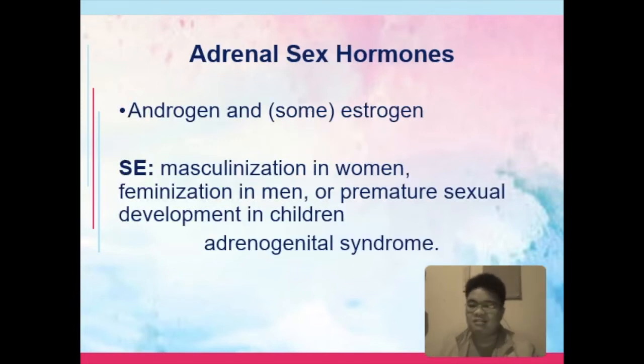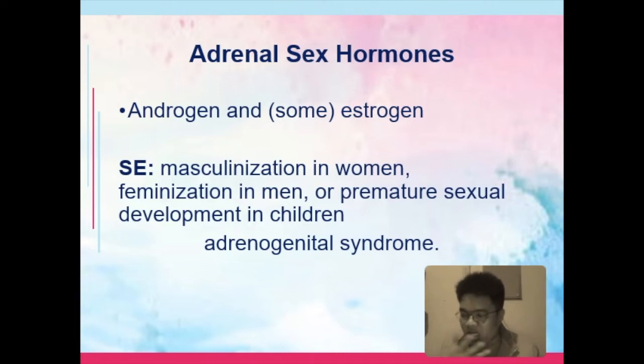Then we have your adrenal sex hormones. When I talk about adrenal sex hormones, this would be the release of your androgen and some amount of estrogen. If there is an increase of your adrenal sex hormones, among women, that would result in masculinization. In other words, class, your female patient would have male sex characteristics.